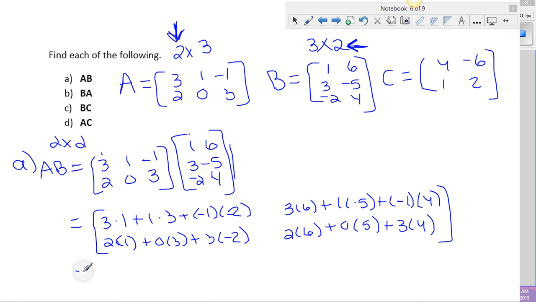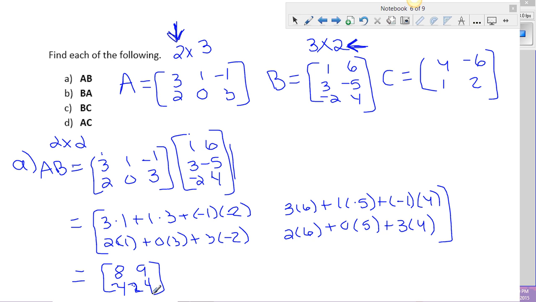Now we're going to do the math here. 3 times 1 is 3, plus 3, plus 2, which is 8. 6 plus negative 5 plus negative 4 is negative 3... correcting: 18 plus negative 5 plus negative 4 is 9. 2 plus 0 plus negative 6 is negative 4. And then 12 plus 0 plus 12 is 24. So that's the product of A and B.